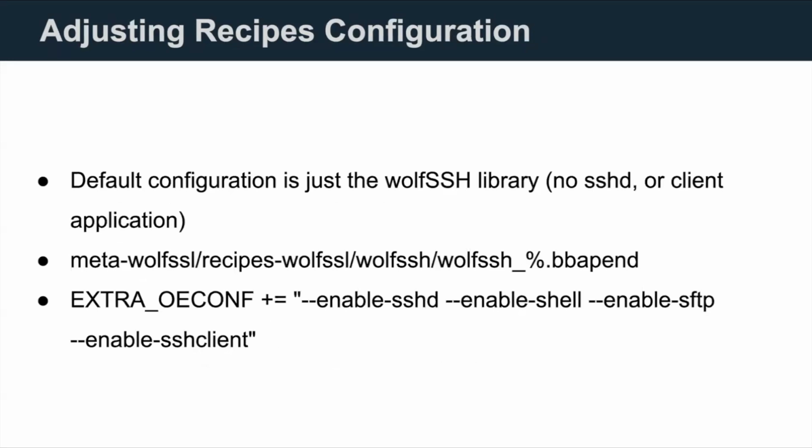The previous example was just for the default configuration of wolfSSH. That is the library itself. It doesn't have any of the applications when it's built for the default. So no SSHD, no client, no port forwarding. It's just the bare SSH implementation to allow an SSH connection.